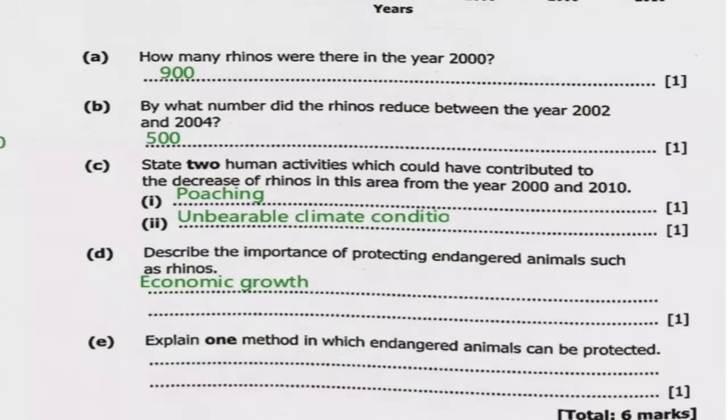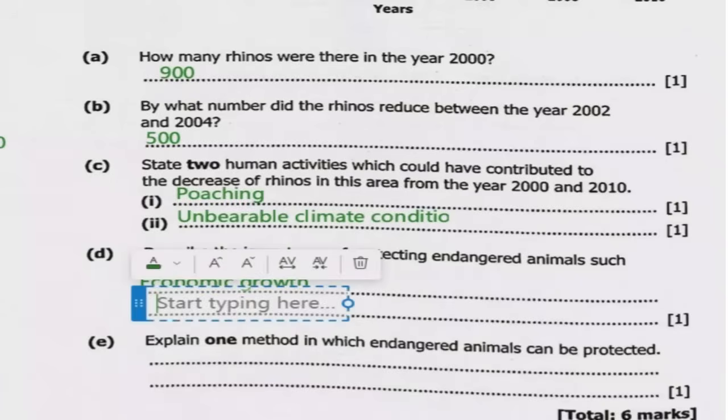And the other benefit is that horns will be used for medicine. So we have a potential source of medicine from horns of linos. So I can call that one medicinal benefit.